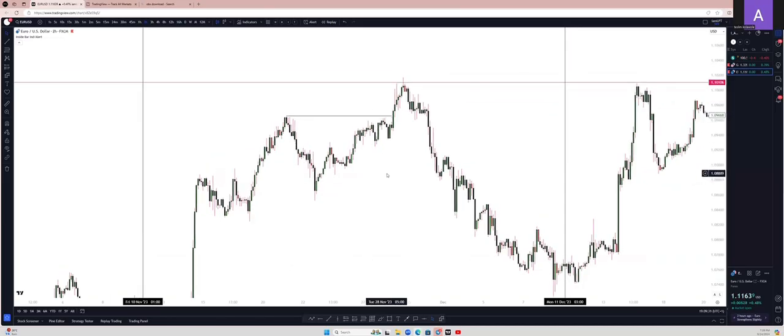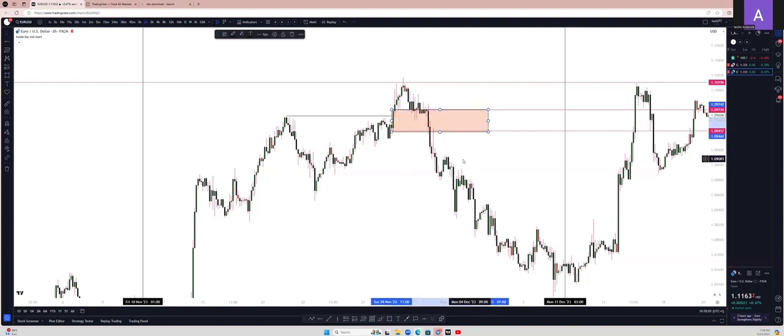And where is the block that actually sought that liquidity? Was it this candle? No. Was it this candle? Yes. Now mark that candle's high and low. And let me tell you, that candle is your POI.